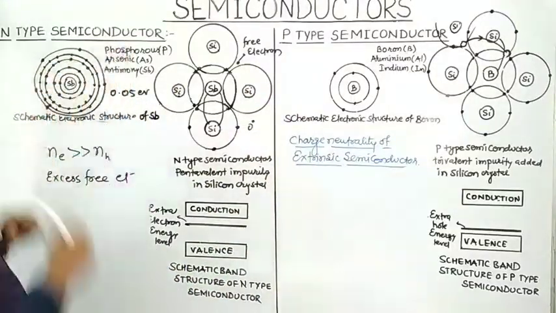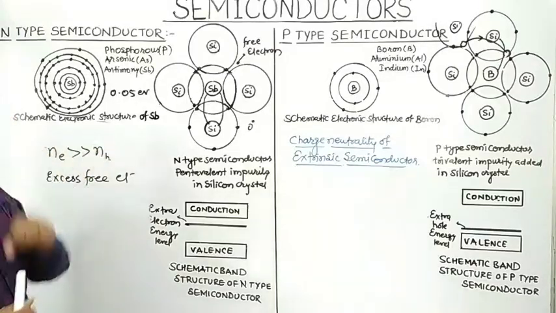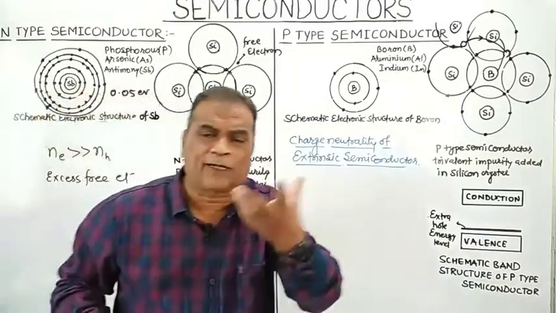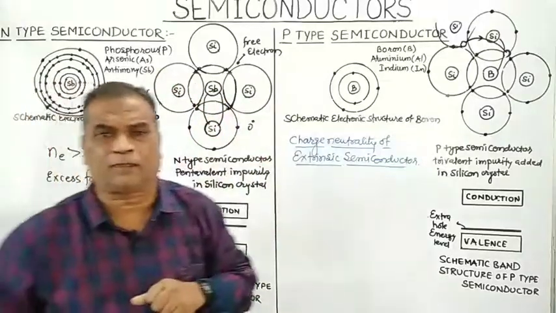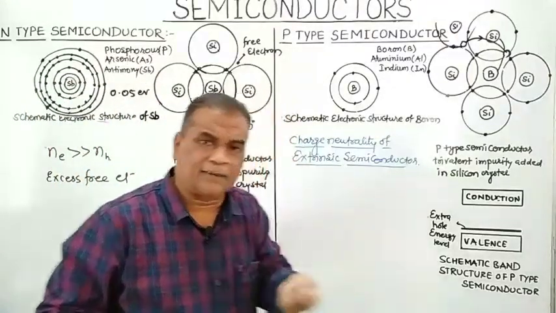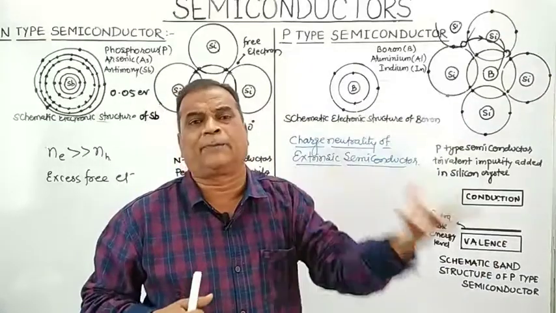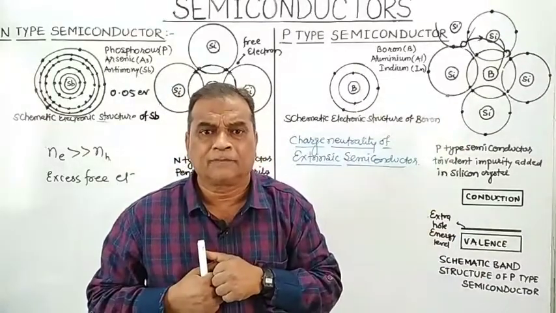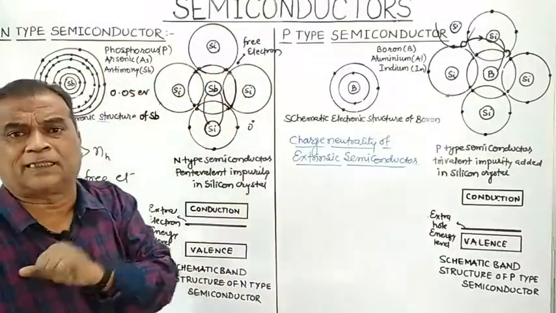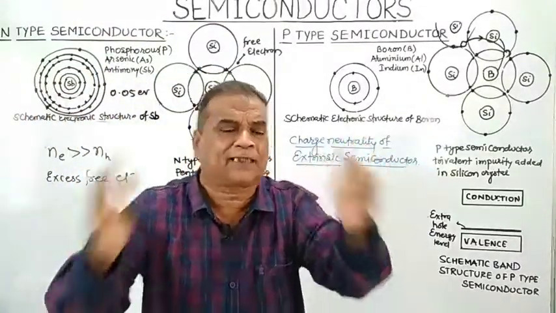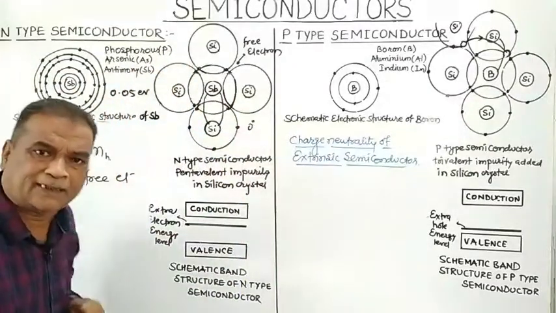In an N-type semiconductor, we have an excess of electrons, and who is donating these electrons? The donor impurity atom. And when the donor impurity atom donates an electron, it becomes positively charged. It means, as far as that donor impurity atom is concerned, it is electrically neutral overall. Hence, the N-type semiconductor is electrically neutral.